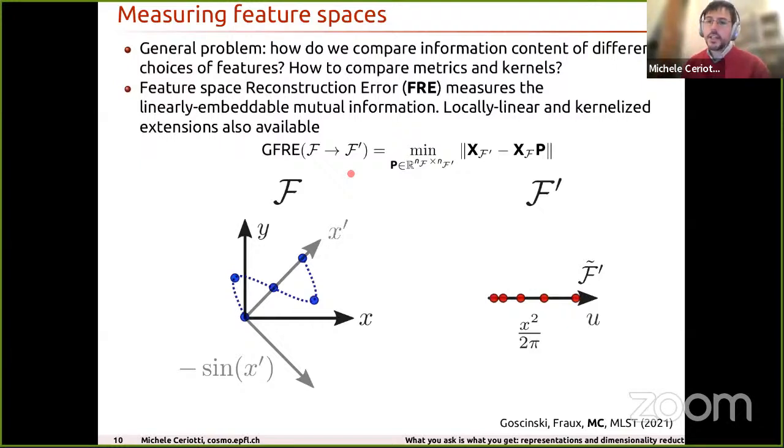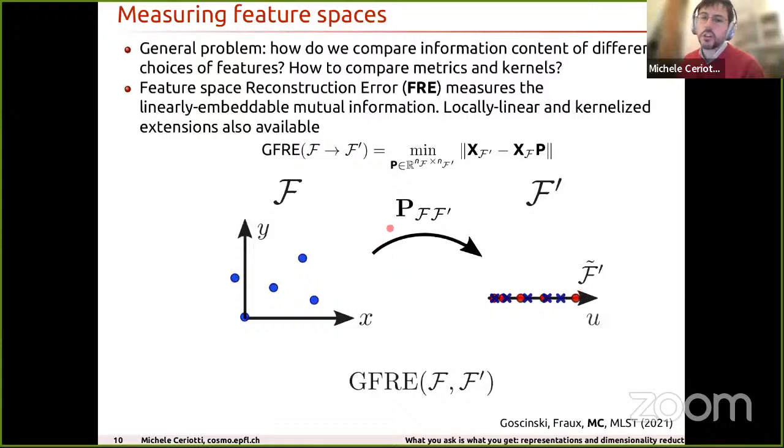Now, this might lead to the question, then which features should we choose? So in many ways, this is a matter of practical convenience, but we tried to introduce an objective way of comparing the amount of information that is stored in a certain representation. And we do this in a very simple way. We basically take 2 different featurizations of the same objects, the same set of atomic structures, for instance, and we try to see if we can linearly predict feature prime using features F as inputs.